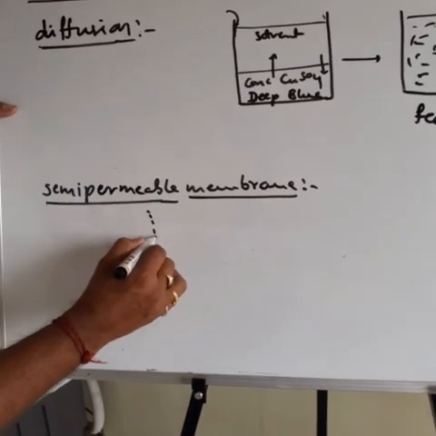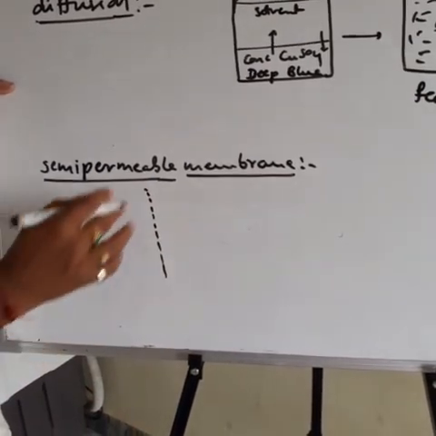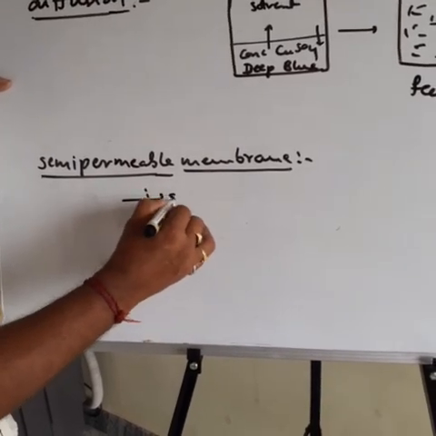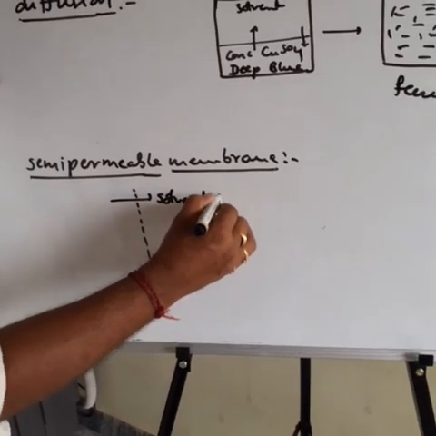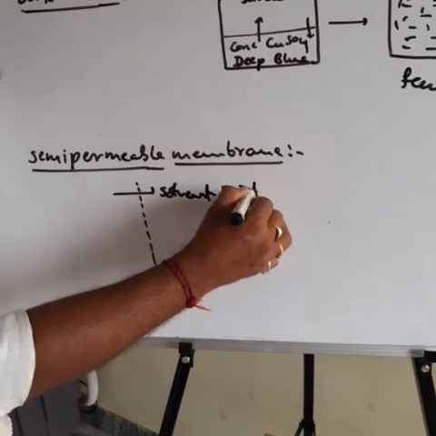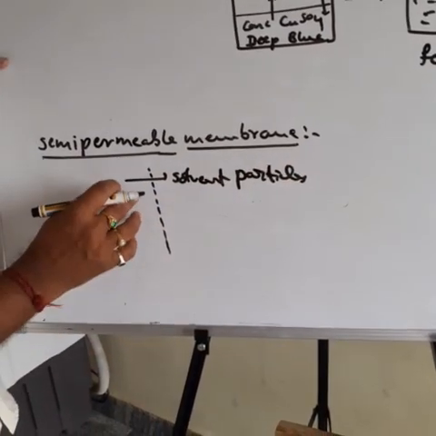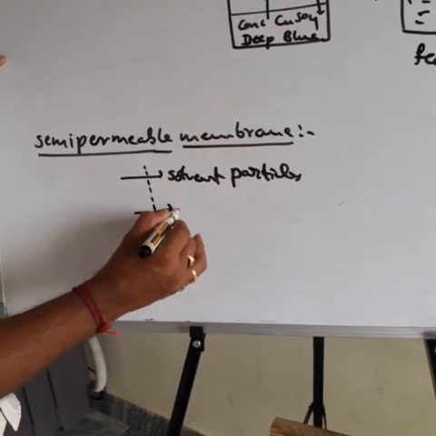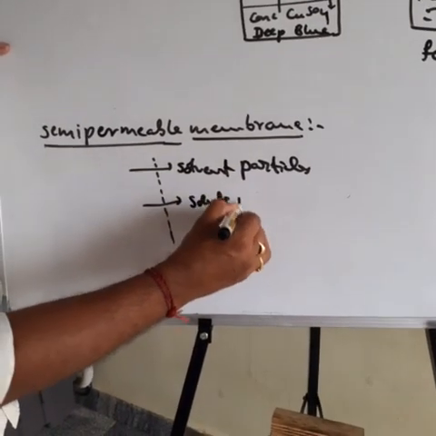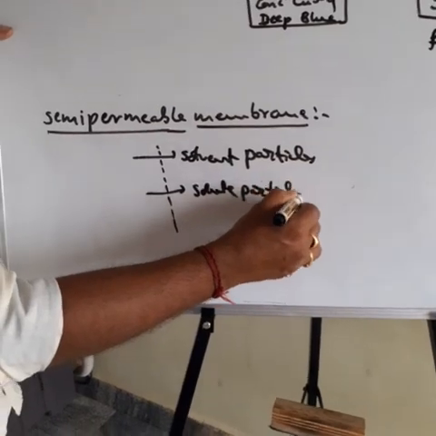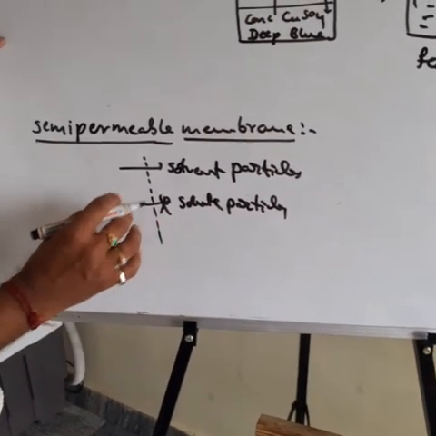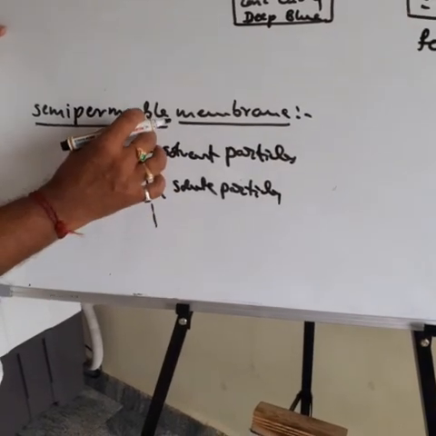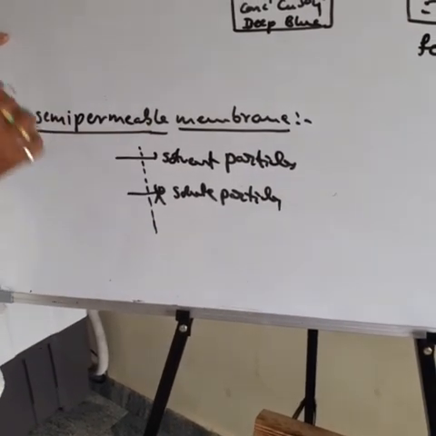For example, this is one membrane or layer. Solute particles do not pass through this membrane.